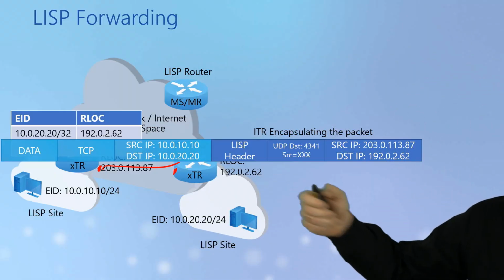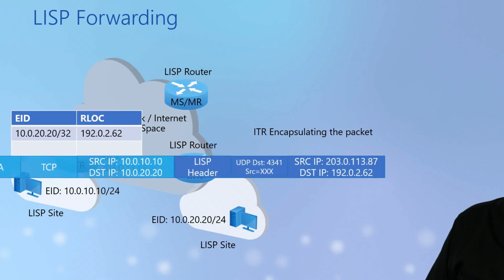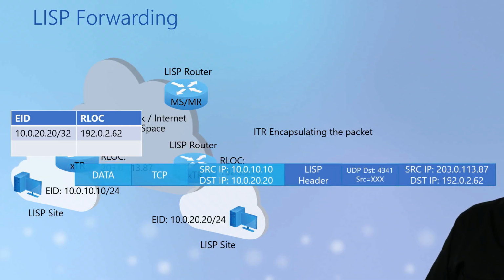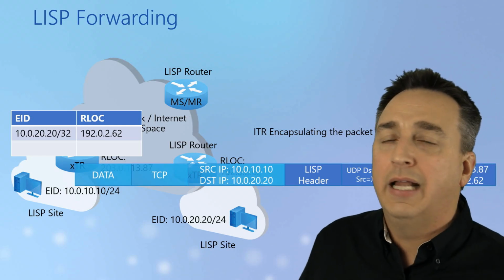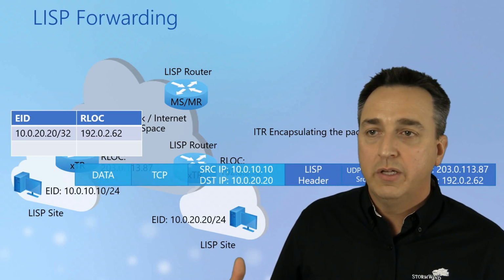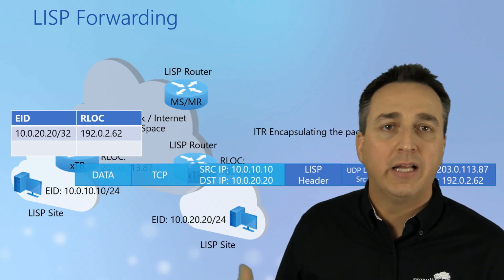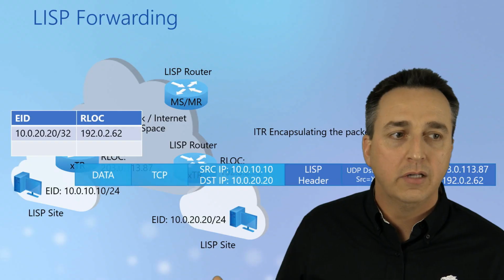So now that we have it encapsulated, we send it. Away we go. Guess we have to have our MTU set properly, don't we? One of the great things about setting up a LISP environment is that it's recommended that you use jumbo frames and jumbo packets. So having the ability to transport MTU sizes of like 9,000, folks, 9,000. I'm serious.